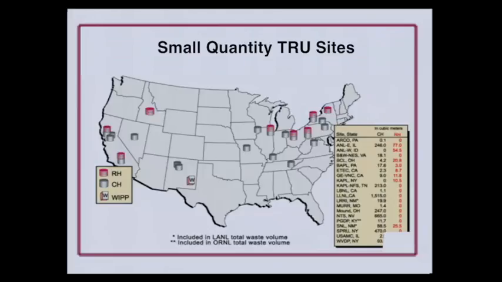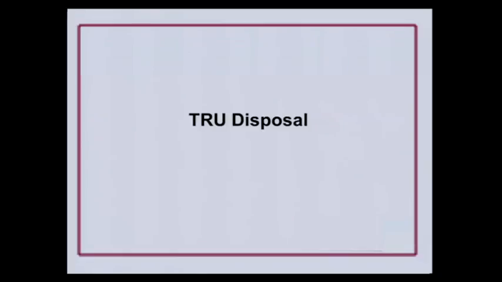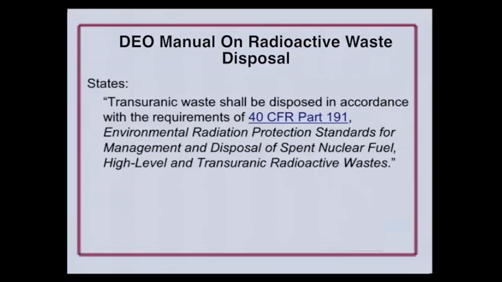All right, we've already touched on disposing of it, so let's get into specifically talking about the disposal. The DOE has a manual on radioactive waste disposal, and within it, it sets the standard, if you will, that says that transuranic waste, this is obviously waste that's generated at DOE sites, shall be disposed of in accordance with the requirements of 40 CFR 191, and you can see the title there. 40 CFR is the EPA regulations.